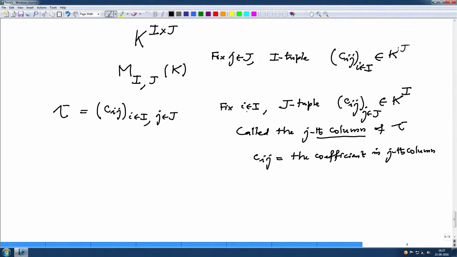For a fixed j, this is called the jth column of C, and for a fixed I, the j tuple is called the ith row of C. Fix j, then you get the jth column. Fix I, then you get the ith row. And Cij is then the coefficient in the jth column and ith row.